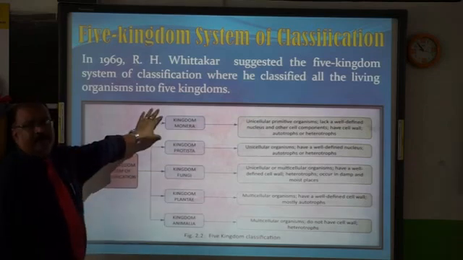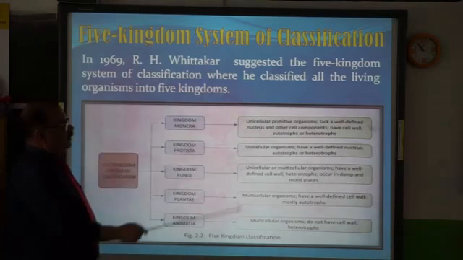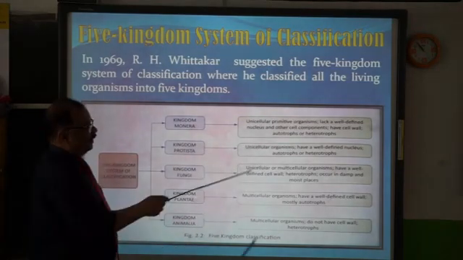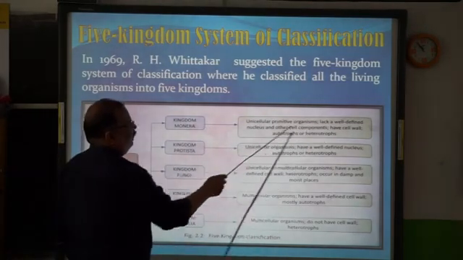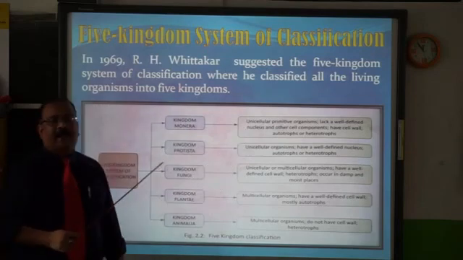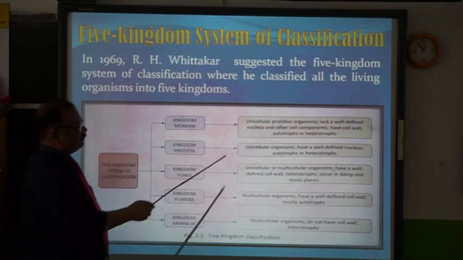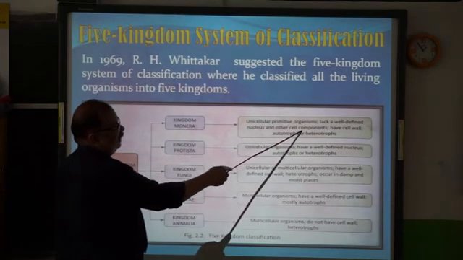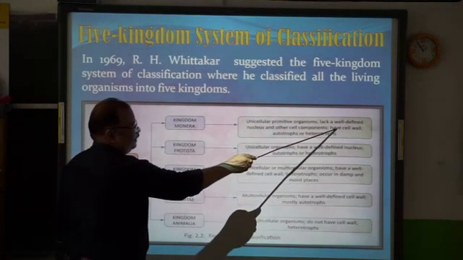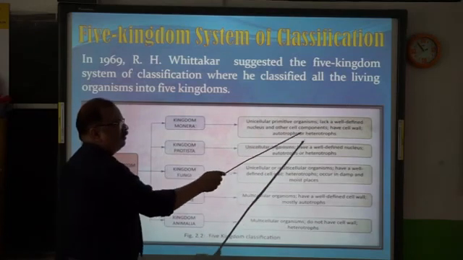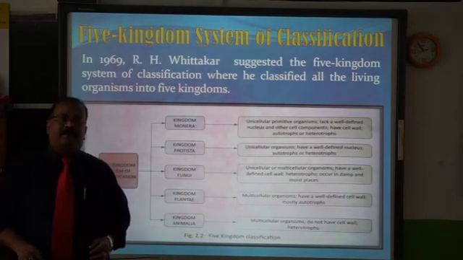When we are talking about Kingdom Monera, these are unicellular, primitive organisms, the earlier organisms. They lack a well-defined nucleus and other cell components. They have a cell wall. They are autotrophs or heterotrophs. What is the meaning of autotrophs?